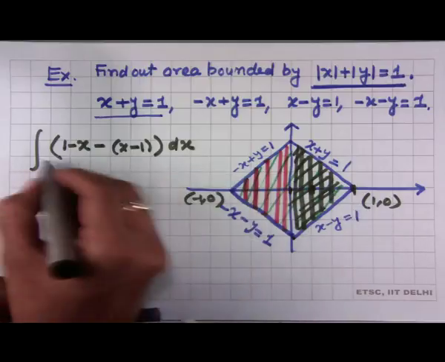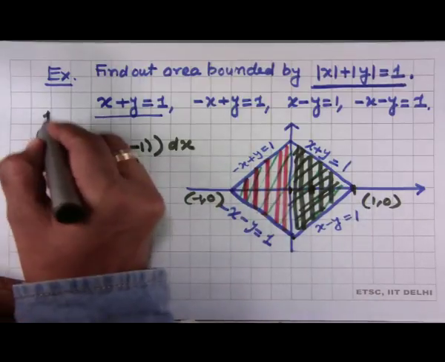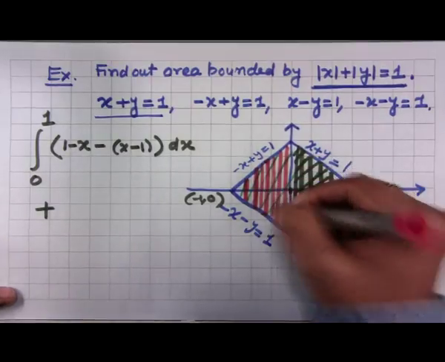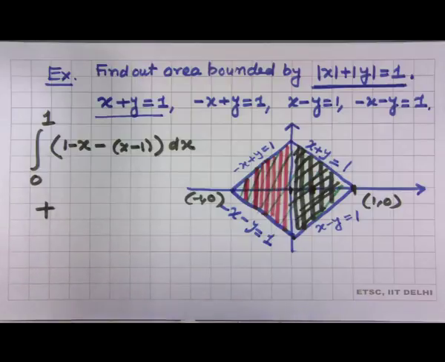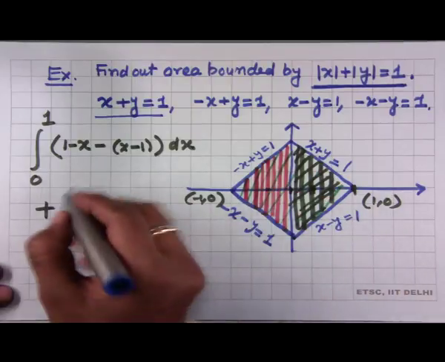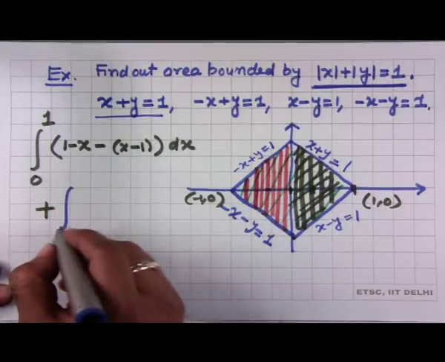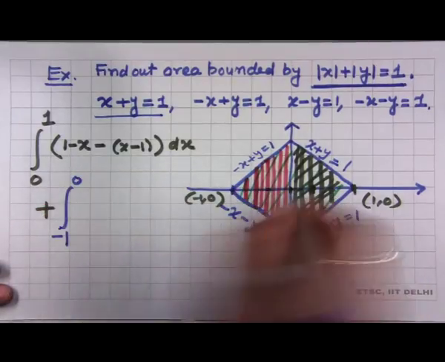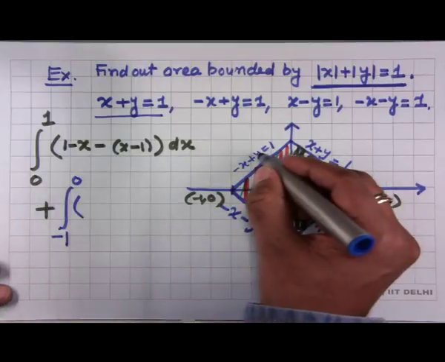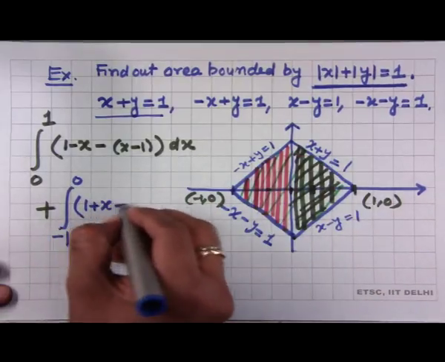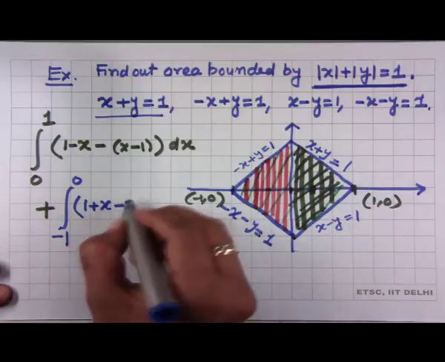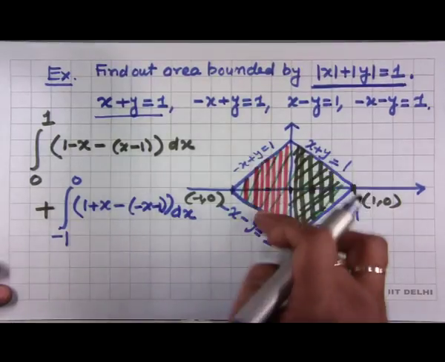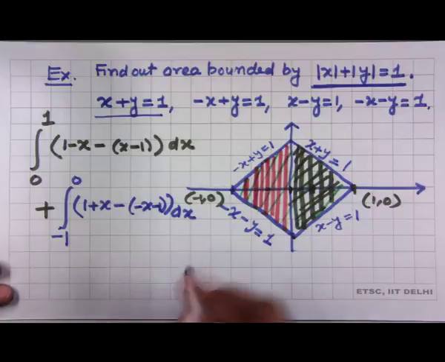So, the limit of this integration will be 0 to 1 plus, for red shaded region, if you take dx as width of elementary strip, limit will be from minus 1 to 0, and elementary area will be y is 1 plus x minus y is minus x minus 1 into dx. f x minus g x, try to recall the formula we discussed earlier.